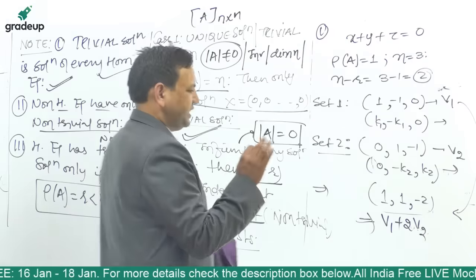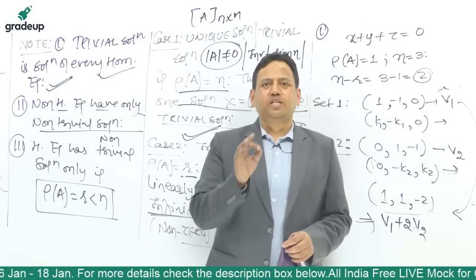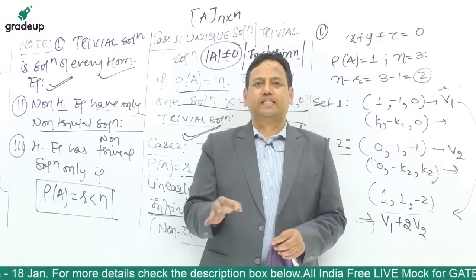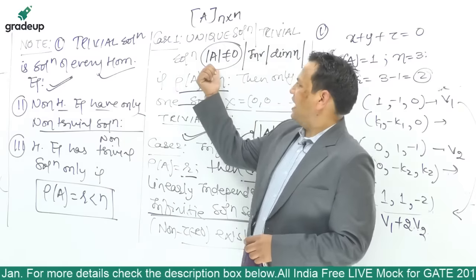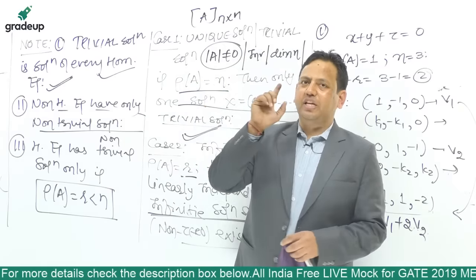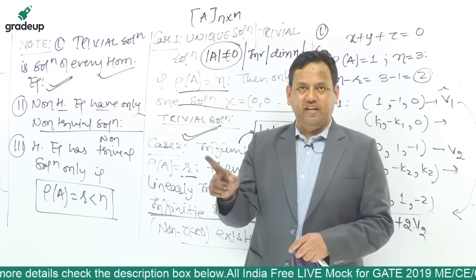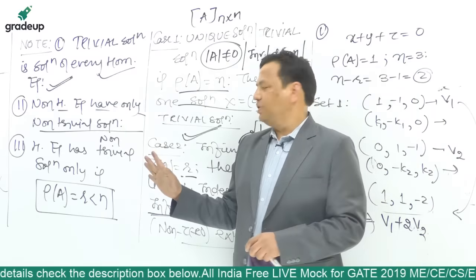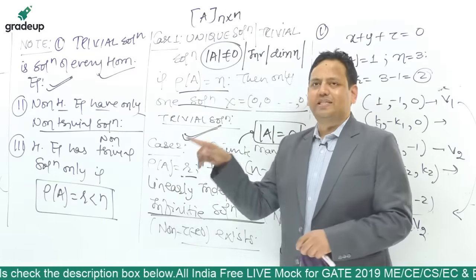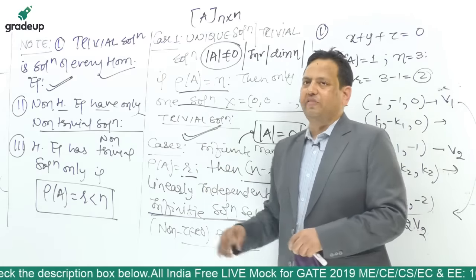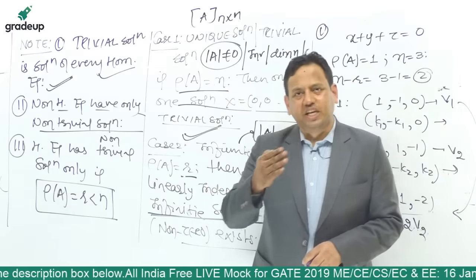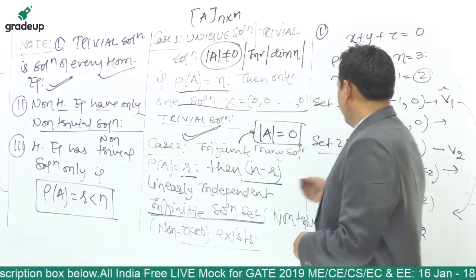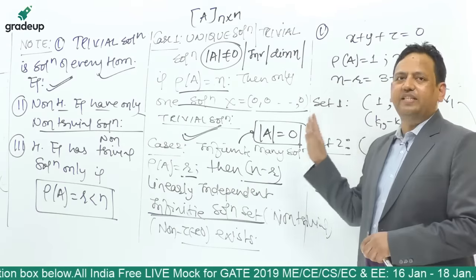So simply, first thing, remember, in a homogeneous equation you will always find a consistent solution, and if the rank is equal to the number of variables, there will be only one solution which is trivial. There is no non-trivial solution. If the rank is less than the number of variables, there will be a non-trivial solution, and it is an infinite solution set. Whenever you write one solution, that is always an infinite set.